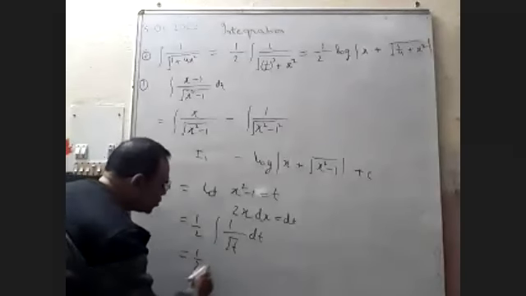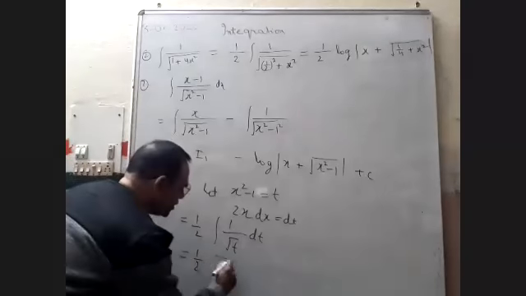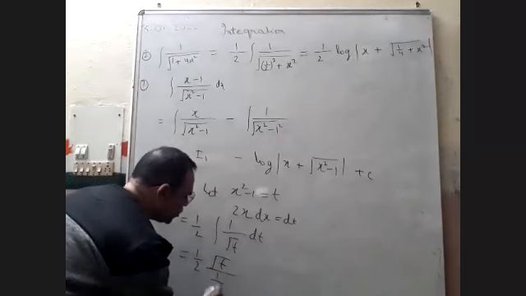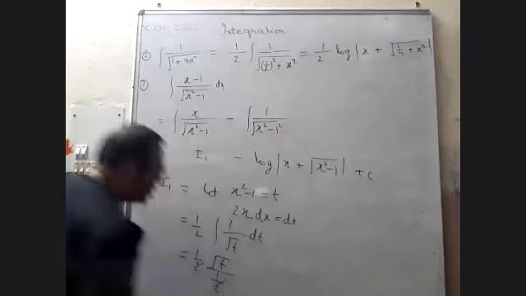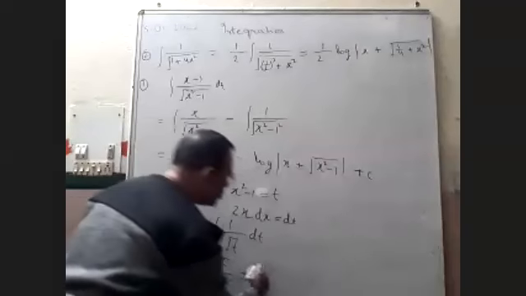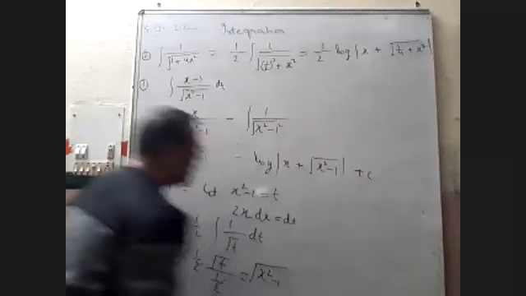1 upon 2 t to the power minus 1 upon 2; 1 upon 2 you will add. So it will become root t upon 1 upon 2. You can cancel this 1 upon 2. Root t means, t we have assumed here as x square minus 1. Then integration.